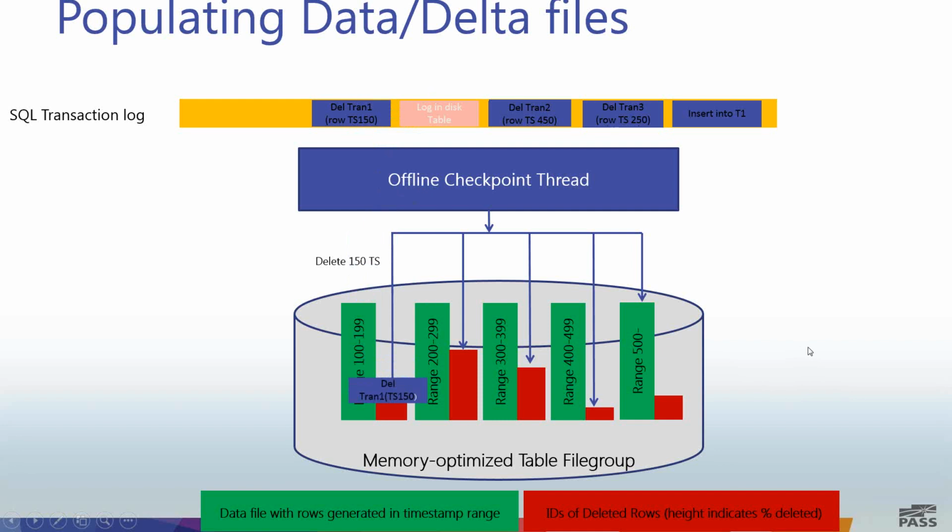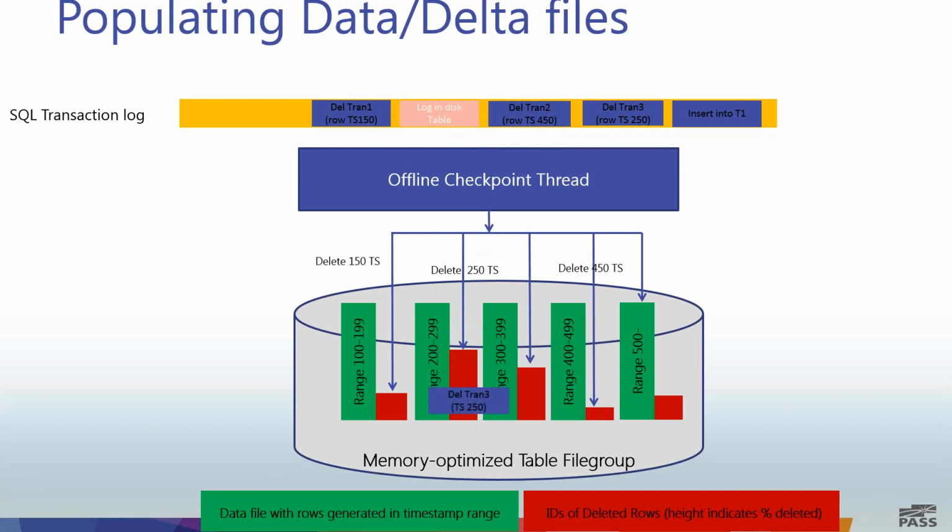Then there's a log record for disk-based tables, which it will skip over. Then there's a delete of a row with timestamp 450, which will be added to the fourth delta file. And then there's a delete of a row with timestamp 250. This will be added to the delta file of the second file pair.